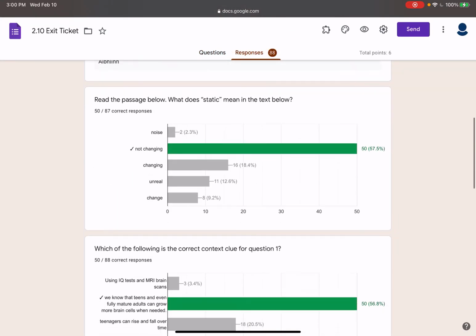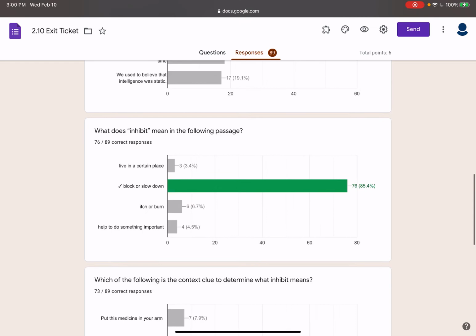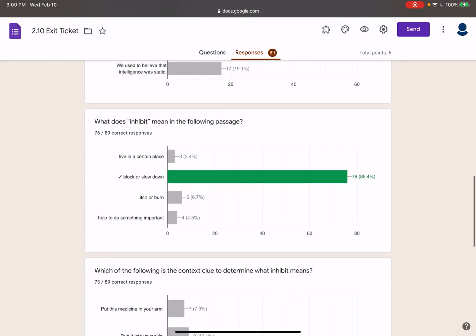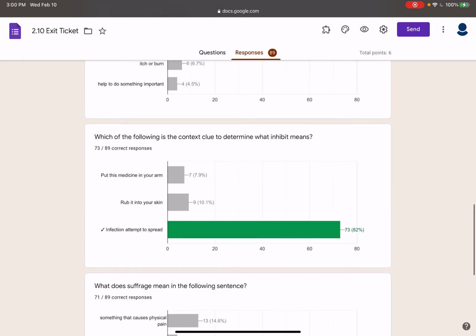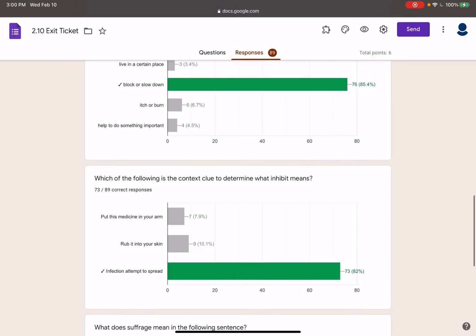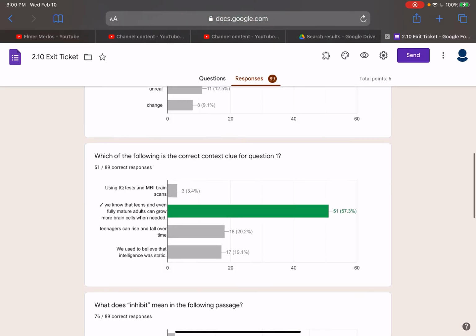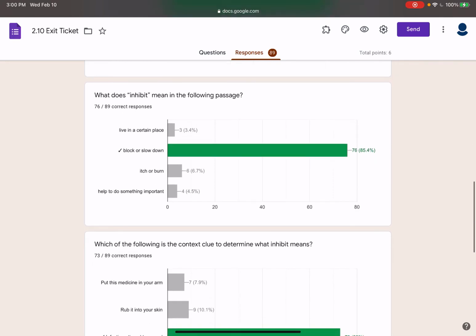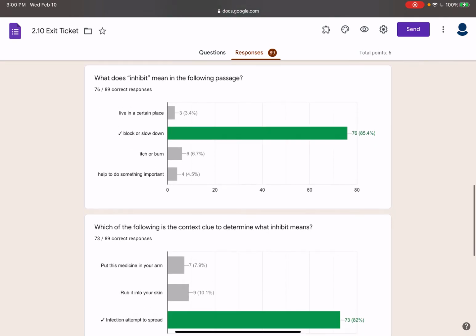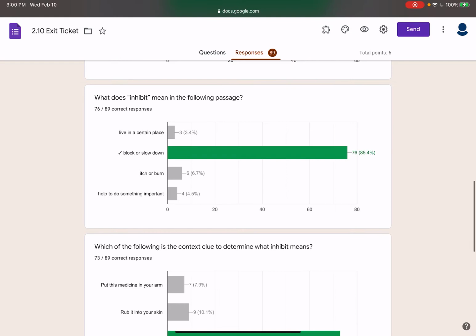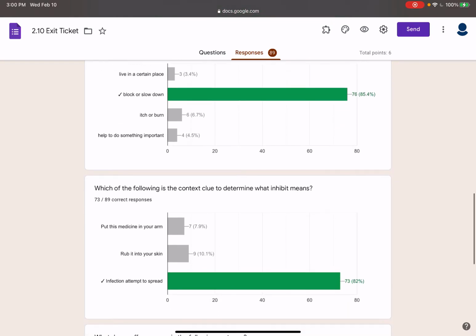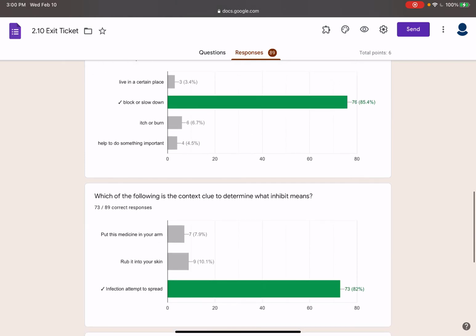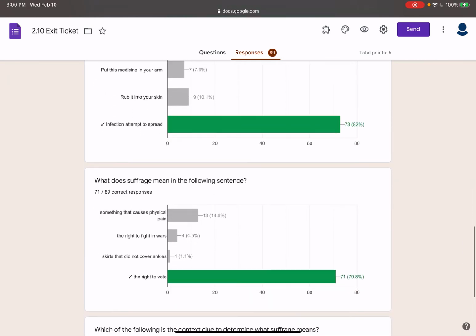This one was much better. There's a trend here. It seems like we're struggling more, but not by much, on finding the evidence to support the claim. Not the claim, but finding the context clue. Which of the following is the context clue for the word inhibit with that one?